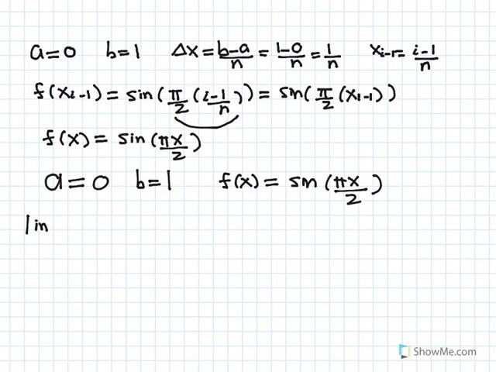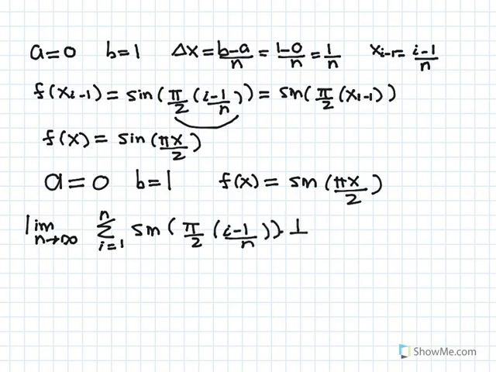We have limit n goes to infinity, i goes from 1 to n, sine of pi over 2 times i minus 1 over n times 1 over n. This is equal to the definite integral 0 to 1 sine of pi x over 2 dx.